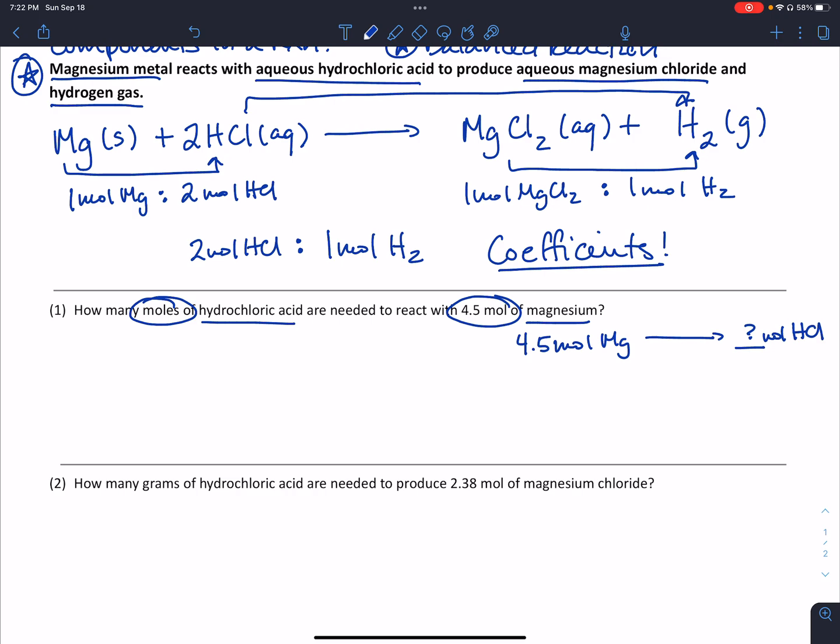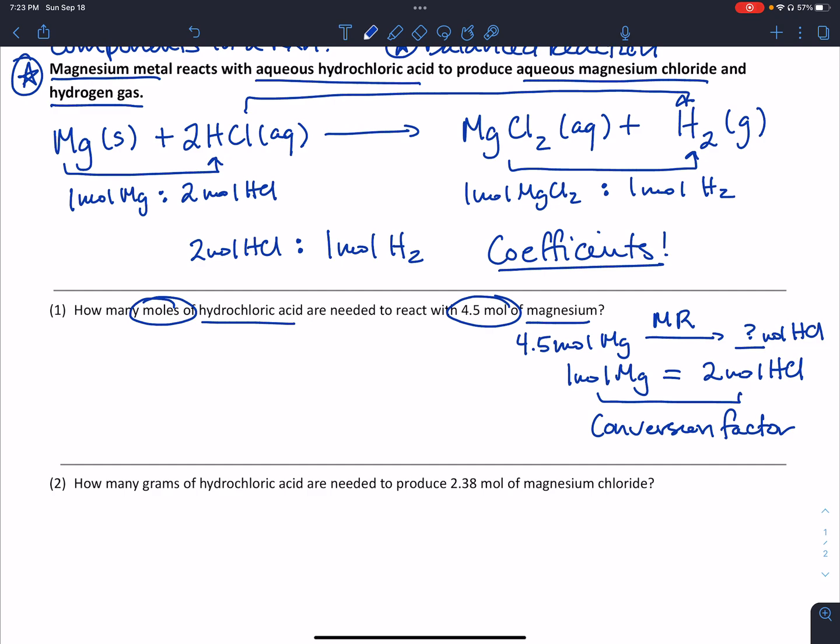In this case, the answer is yes. We can do that mole ratio step. If we look at that balanced reaction, we can see that 1 mole of magnesium requires 2 moles of hydrochloric acid for that reaction. So that's going to be our equality. I can take out my little ratio symbol and switch that out for an equal sign, and this is going to give me my conversion factor.